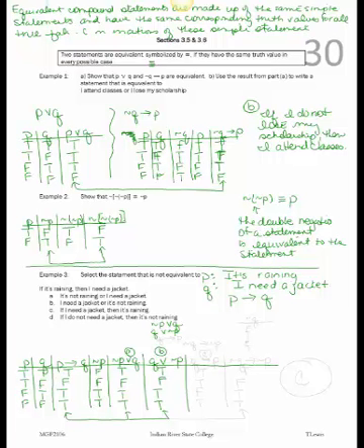Let's look at C. C has, if I need a jacket, then it's raining. We have a conditional, using our connective here, if then.